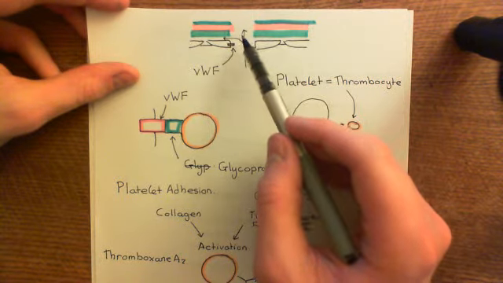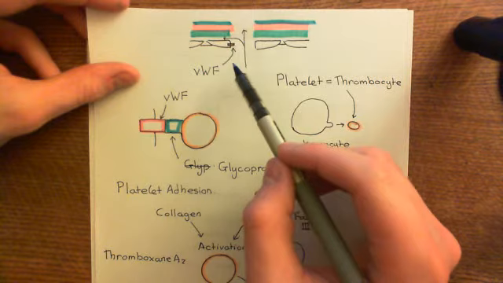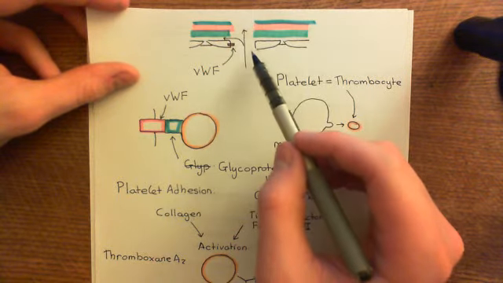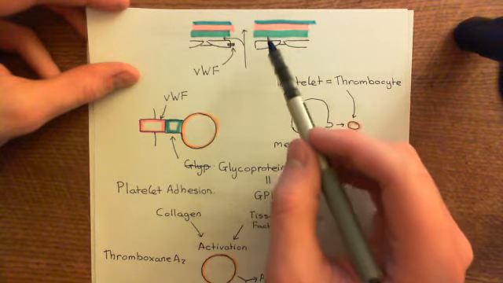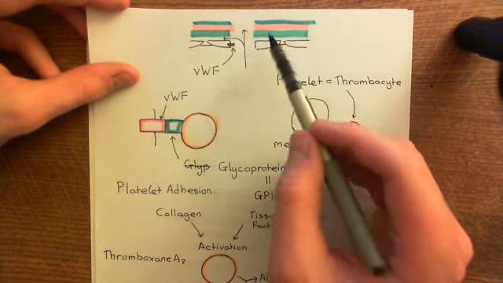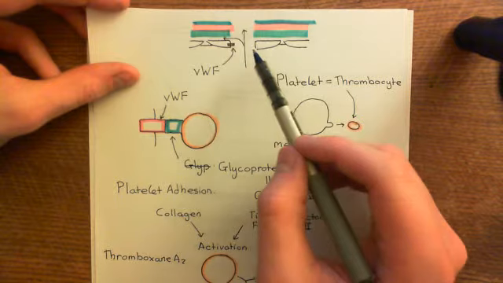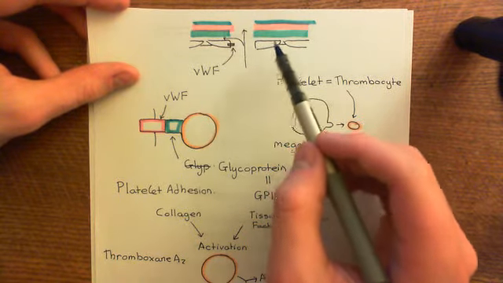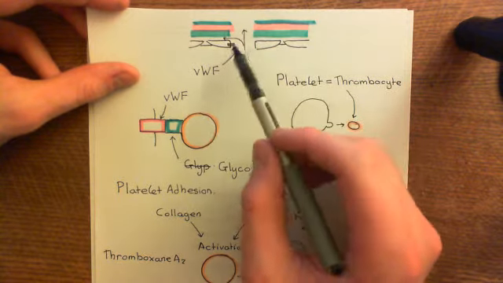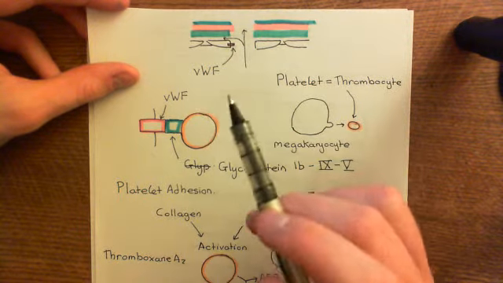So you get massive levels of thromboxane A2 in the vicinity of this hole. That leads to the contraction of the smooth muscle cells lining the blood vessel nearby this hole, and that's going to lead to vasoconstriction to stop blood coming through the lumen to where this hole in the blood vessel is.